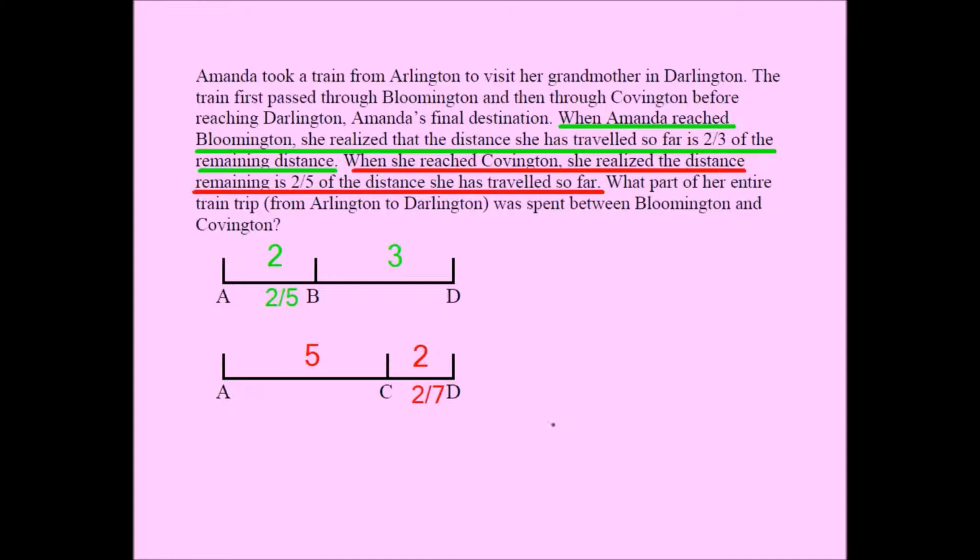All I have to do now is draw a third picture, where we can put both Bloomington and Covington between Arlington and Darlington. Let's try to do it freehand, if I may. So let's draw it here. Let's use blue. So this is my final picture.